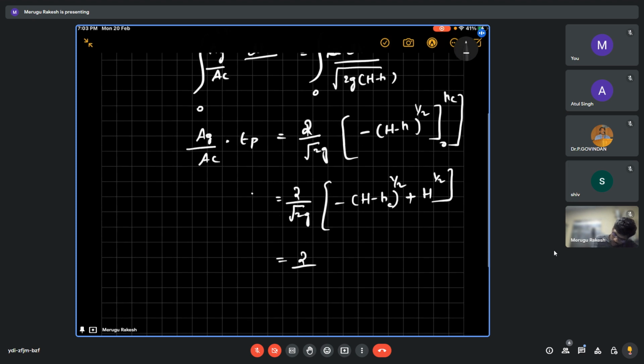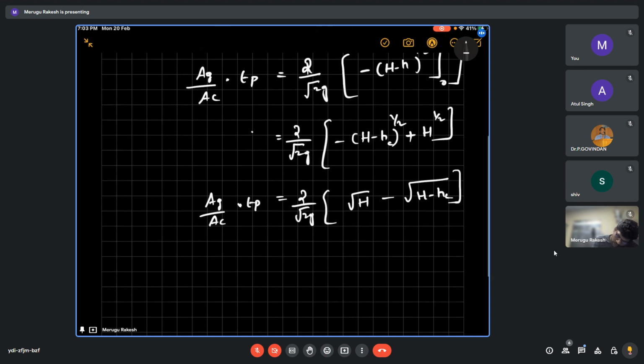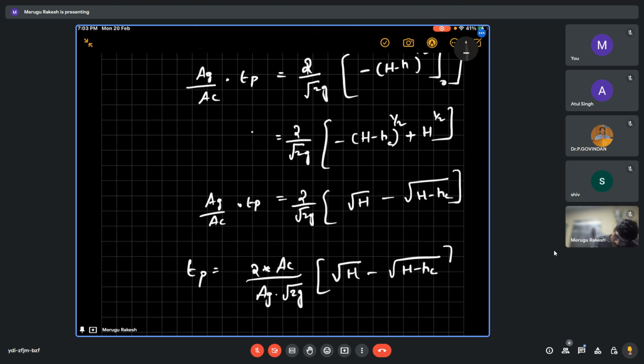Now you have the formula: under root H minus under root H minus HC is equal to Ag by Ac into tp. So finally pouring time is nothing but 2 times Ac divided by Ag under root 2g, square root of H minus square root of H minus HC. So this is the formula for pouring time in bottom gating.